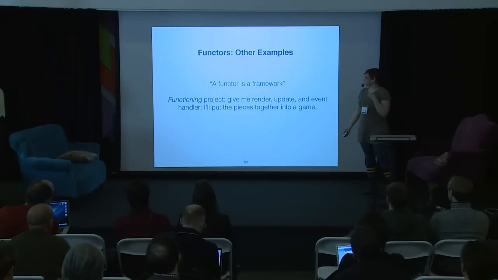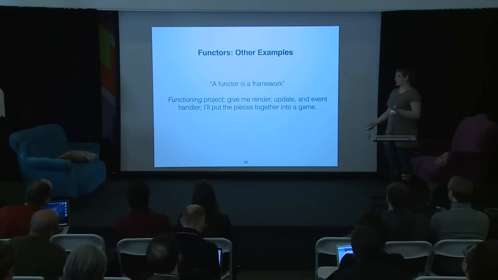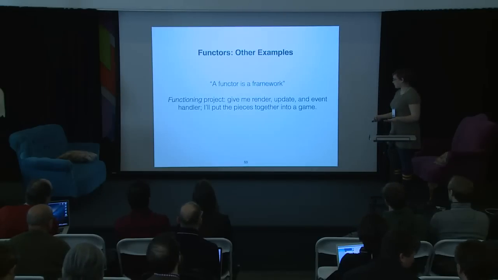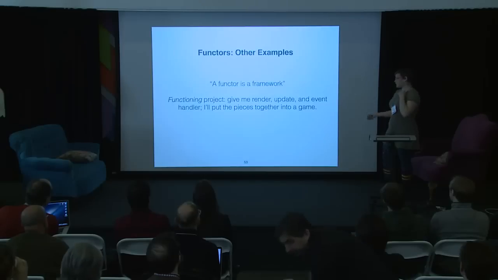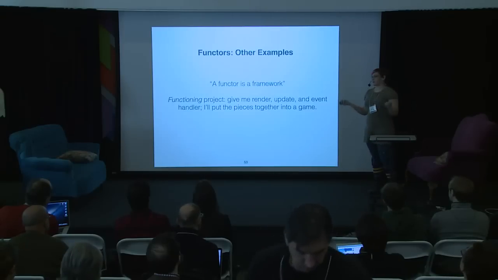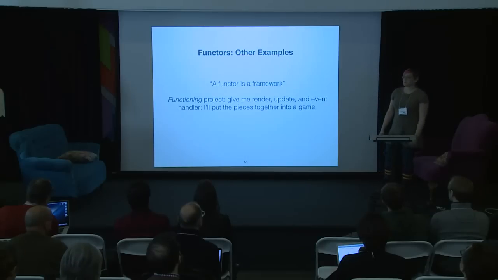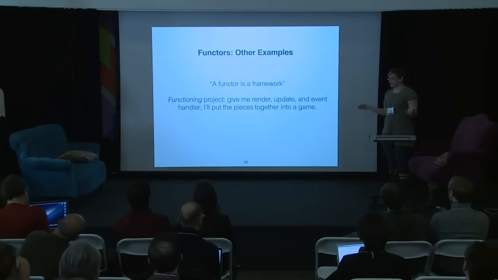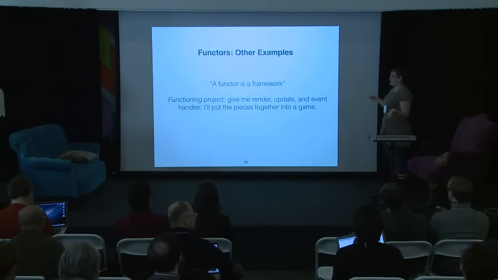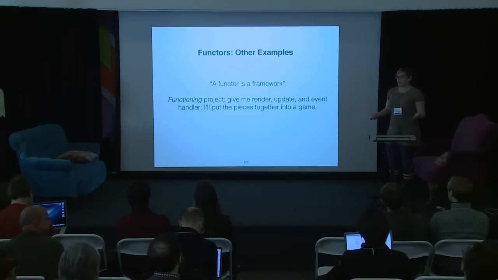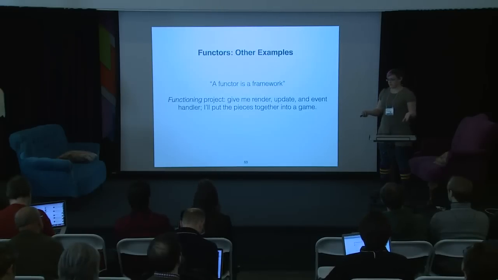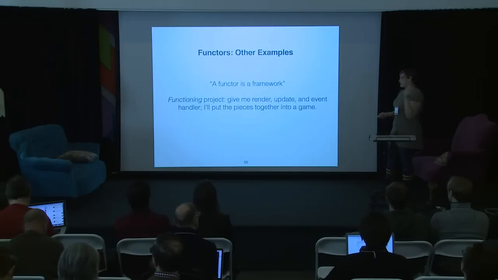And then finally, I'm going to pause for questions in just a little bit, but finally another example that comes from a project that I've actually worked on is called Functioning, which is a little game framework, and it's using this idea that a functor can be used as a framework in some sense. So you've got some library functions that provide graphics and physics, and then the game implementer says, okay, here's how my game updates its internal state, here's how it handles events, and here's how it renders.